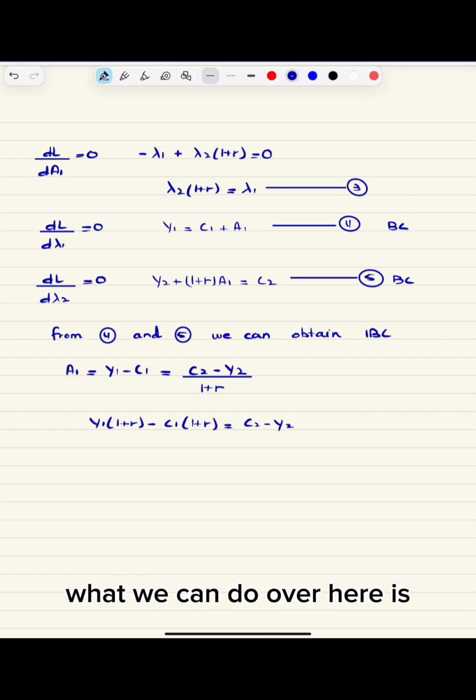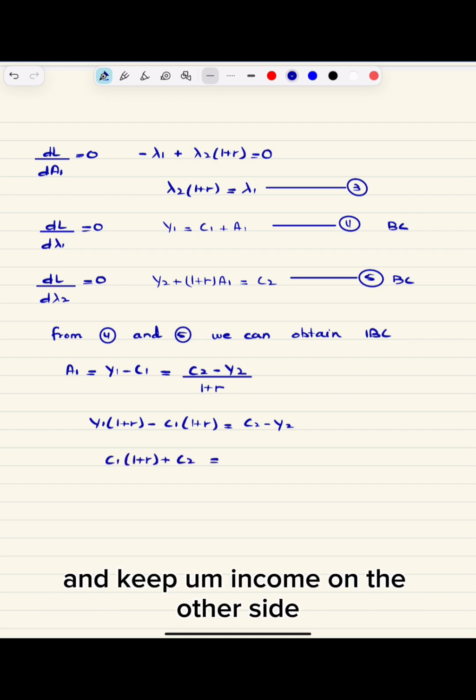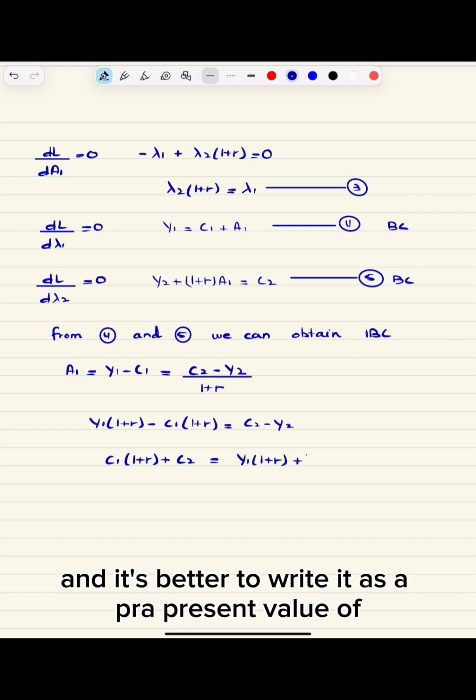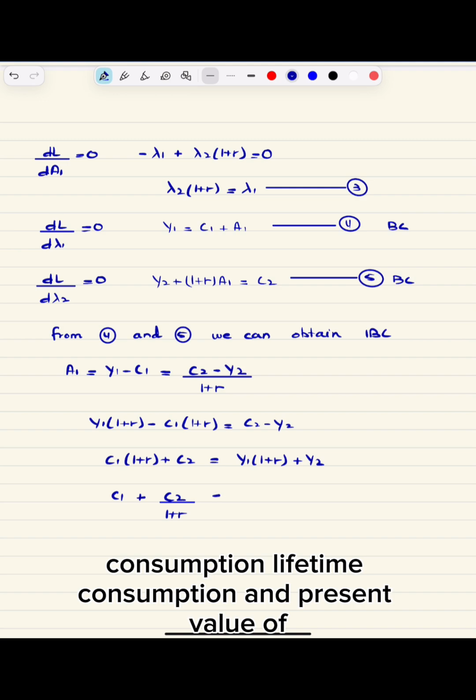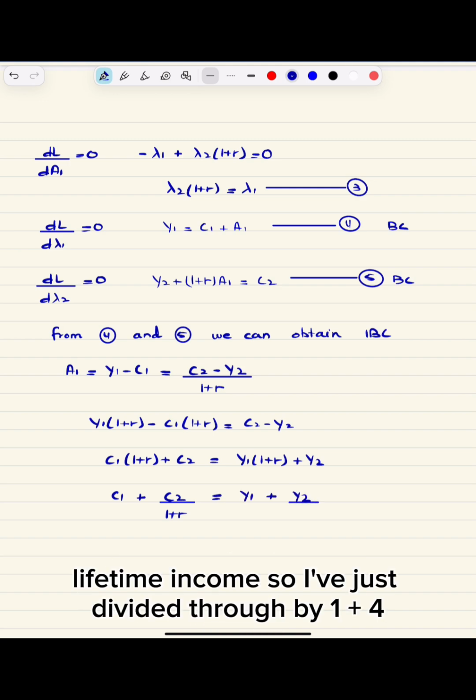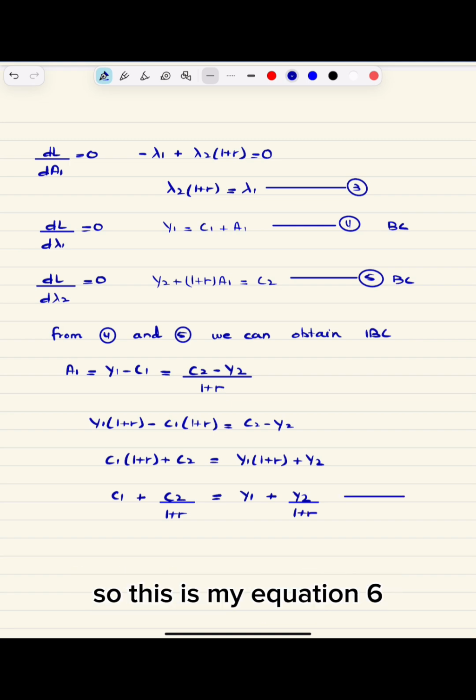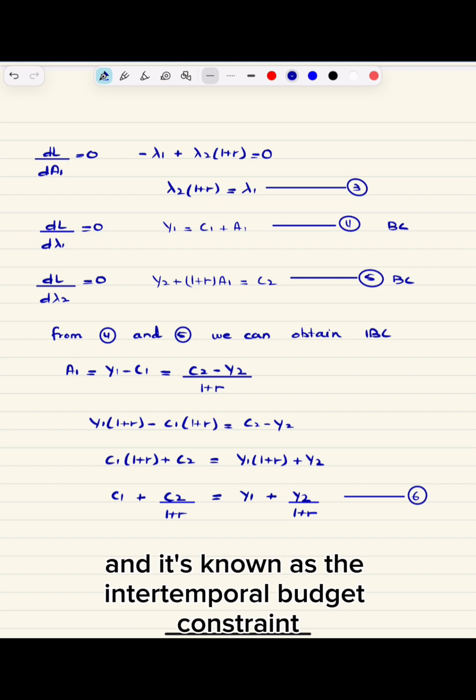What we can do over here is keep consumption on one side and income on the other side, and it's better to write it as the present value of lifetime consumption and the present value of lifetime income. So I've just divided through by 1 plus r. So this is my equation 6, and it's known as the intertemporal budget constraint.